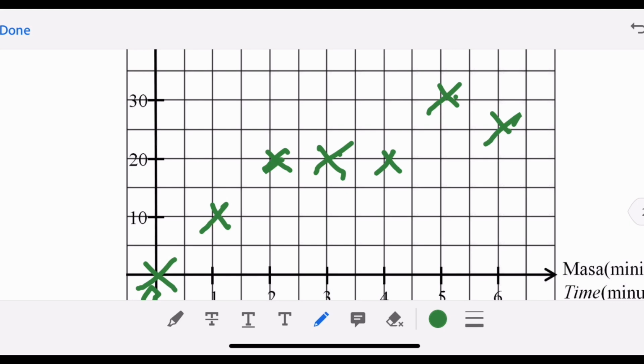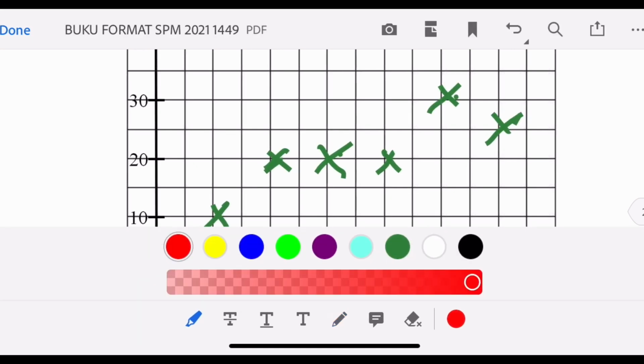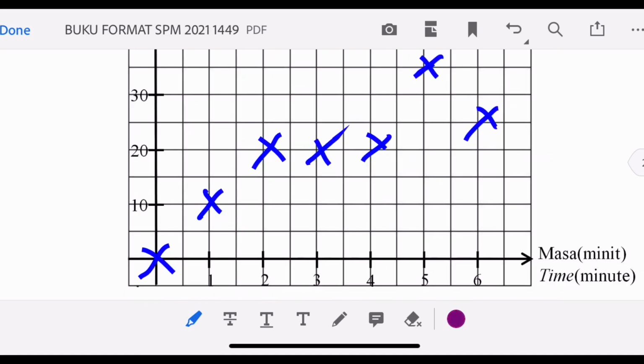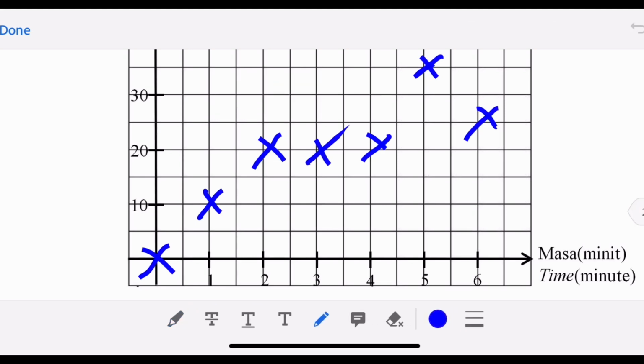You have to use a ruler to join all the points with straight lines. It is not curved. I don't have a ruler with me, so I try my best to draw a straight line. Now take out your ruler and join all the points, so that you can see there's a horizontal part.